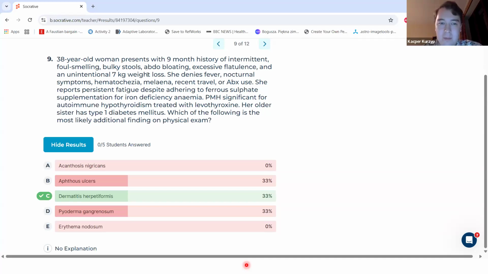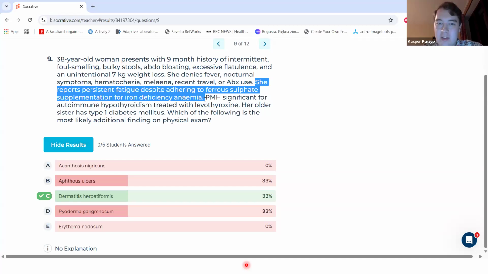There is no fever though, no nocturnal symptoms, no melena, and no blood in stool. So we're thinking, is it truly IBD? The thing which points you towards the right answer is persistent fatigue despite adhering to ferrous sulfate supplementation for iron deficiency anemia. So she's not absorbing iron. So it's probably Crohn's, we are thinking.